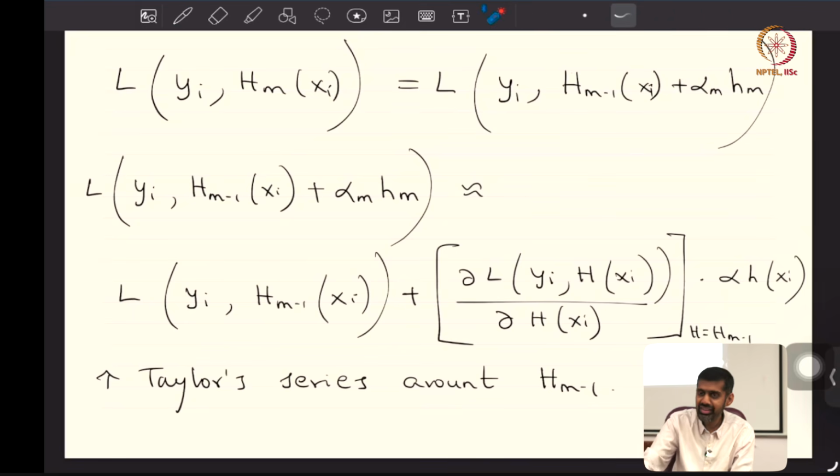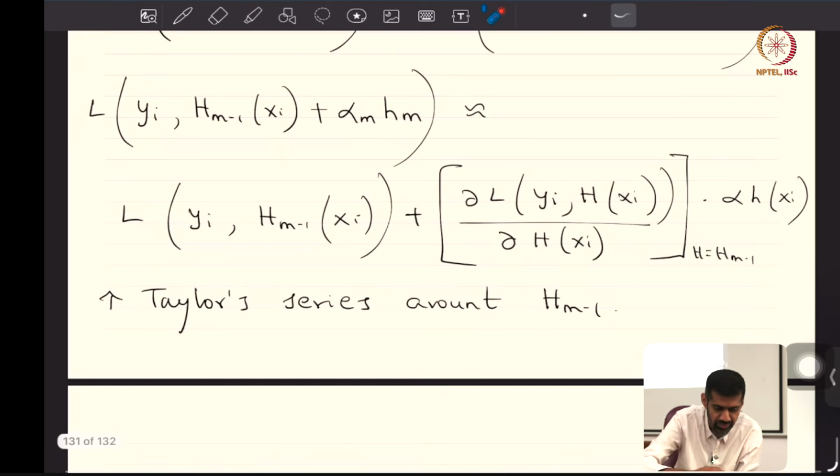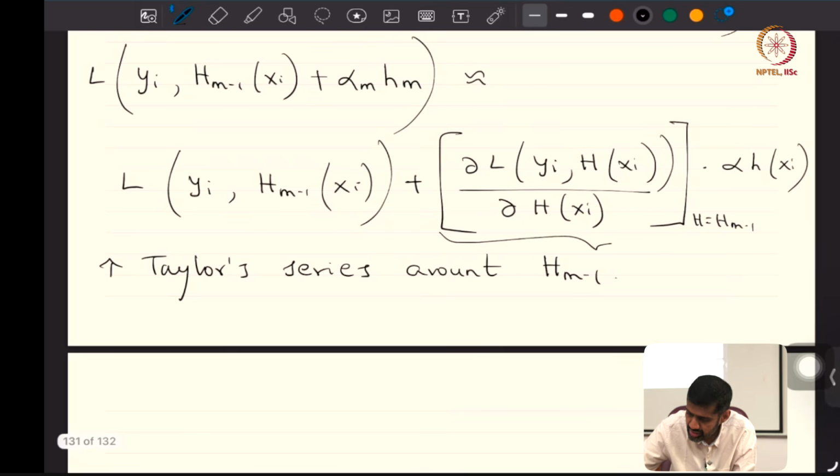So, where did I make that algebraic mistake? This h is a function, I am treating that as a variable and taking the derivative, right. So, that is the mathematical incorrectness, but yeah, okay. Now, let this entire derivative term be written as some g_i.